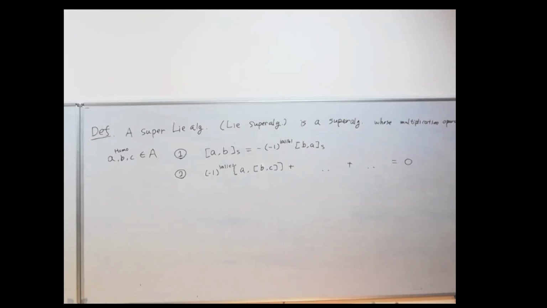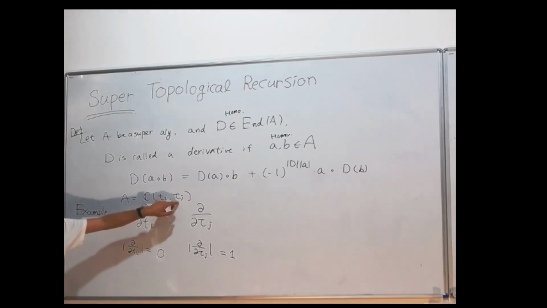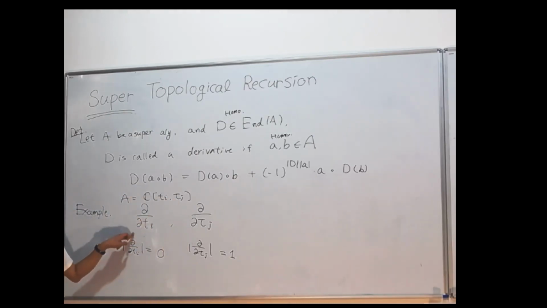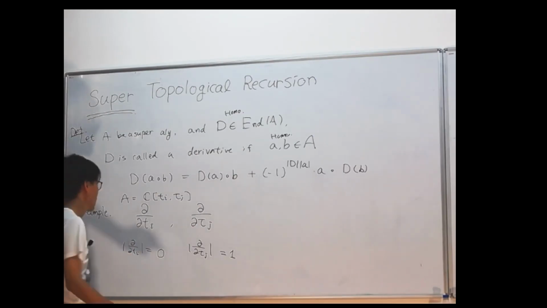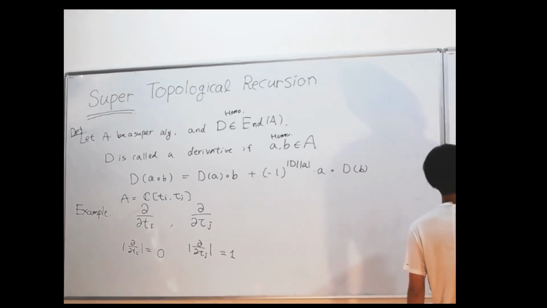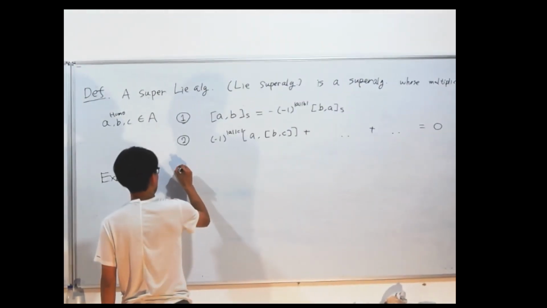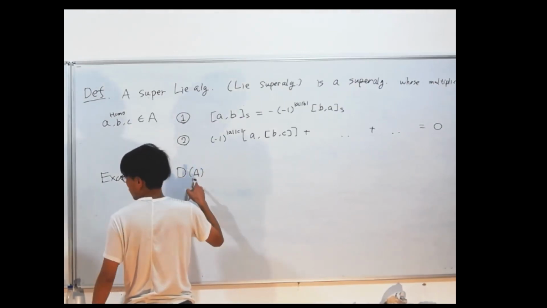Okay. So let me give you an example. Remember, we had the polynomial ring of Ti, even variables and odd variables, and we declared that they are derivative operators. Now an example of a super Lie algebra: say D of A is that guy.